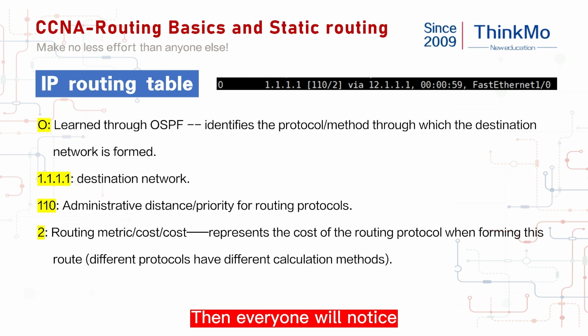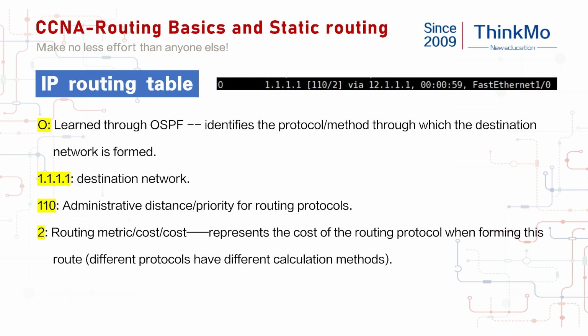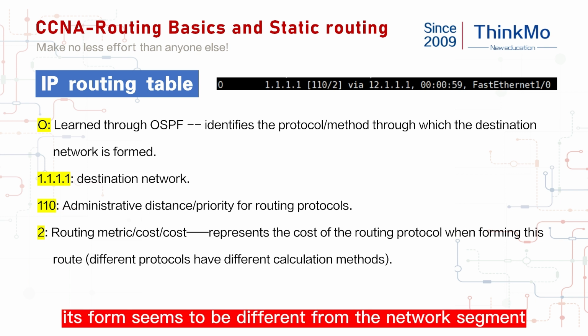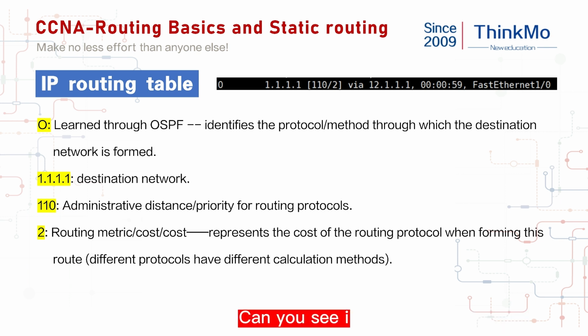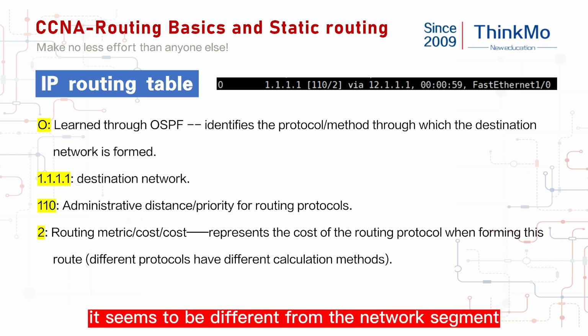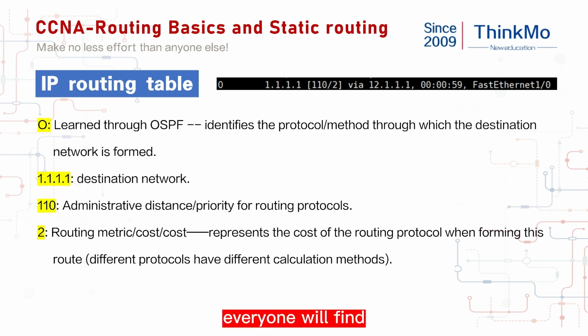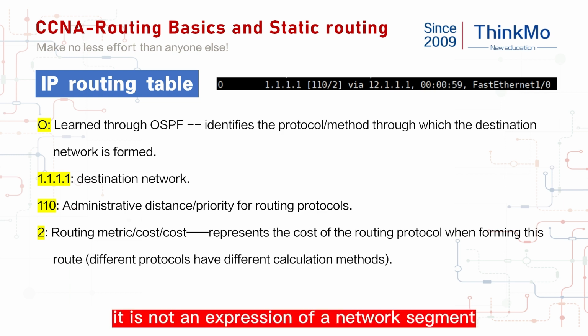Then everyone will notice it writes 1.1.1.1 here. Its form seems to be different from the network segment. Can you see it, students? It seems to be going to such an IP address. Everyone will find this is an exact IP address. It is not an expression of a network segment.